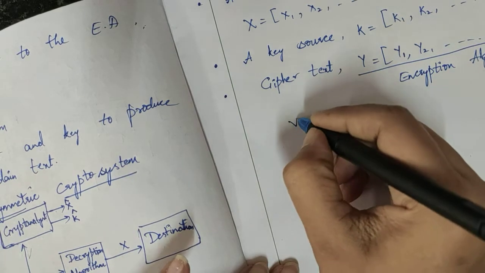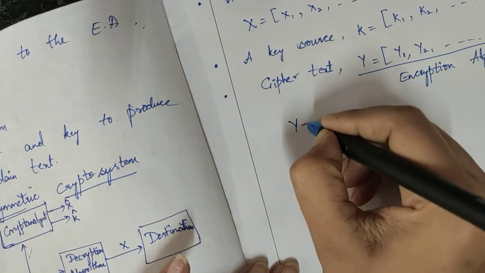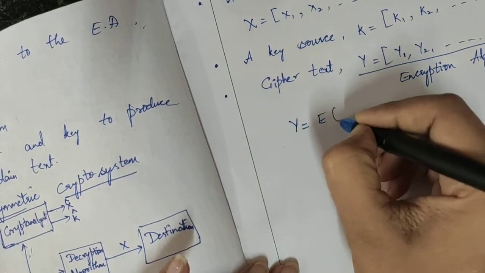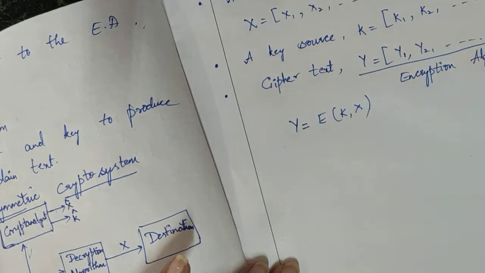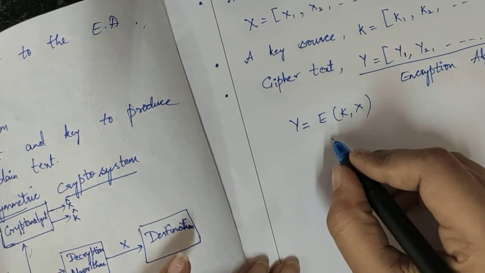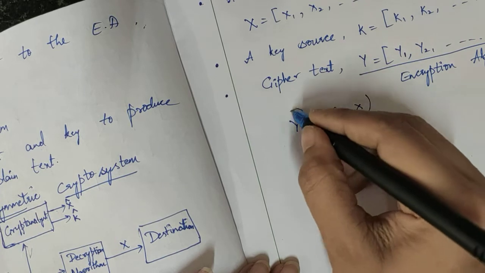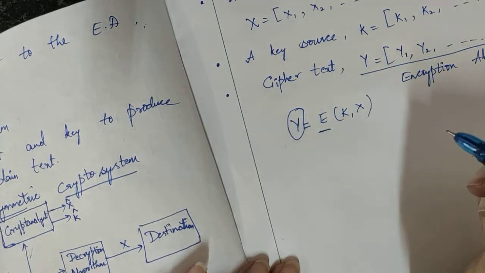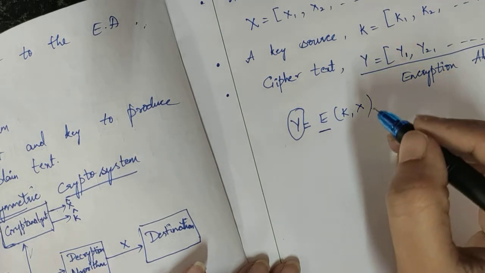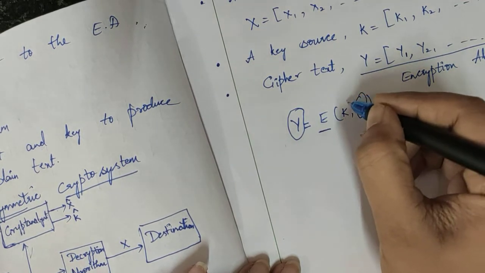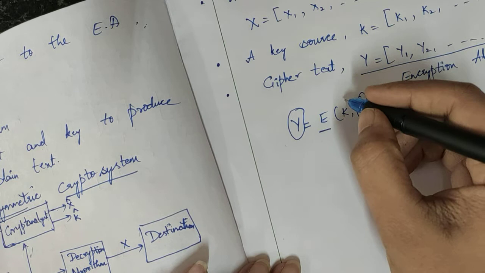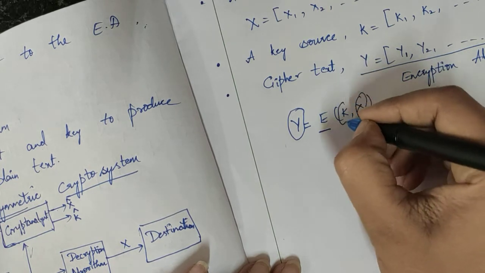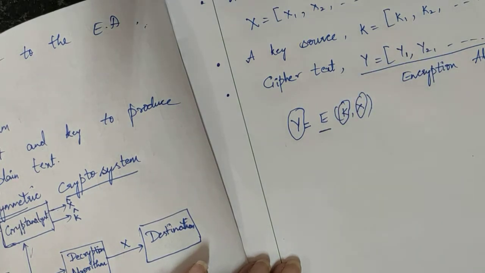So I can denote my encryption algorithm as y is equal to e of k comma x. This notation indicates that y is produced by using encryption algorithm e as a function of the plain text x, and it is determined by the value of k. This is how we read it.